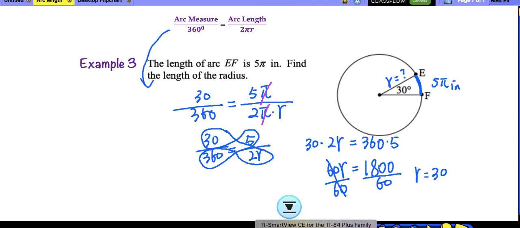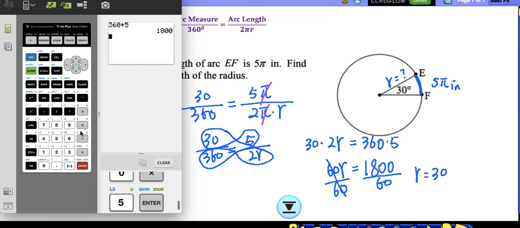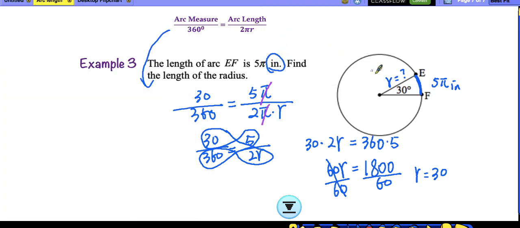Again, if you want to double check, or do the calculation on your own, 1800 divided by 60 is 30. And do not forget, in the original question we have 5 pi inches, so this will be 30 inches.